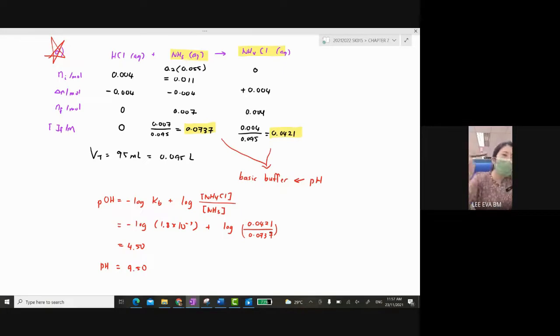You just go slightly more than that, that should be fine. Say this one is 55 milliliters, right? pH is 9.50. Your final curve, where you want to stop, you just raise it a little bit higher than this 9.5, then should be all right. So later, Madam will show you the answer.